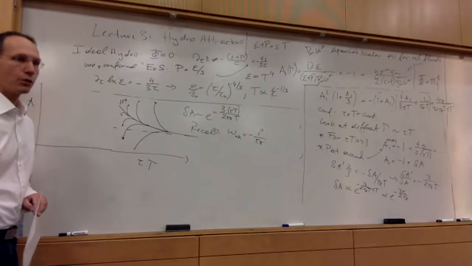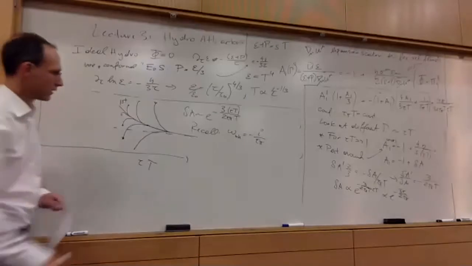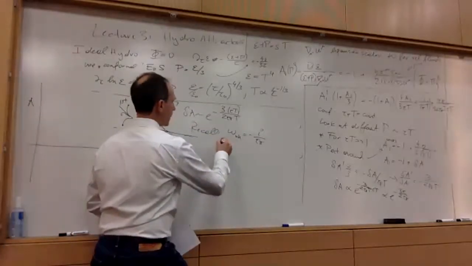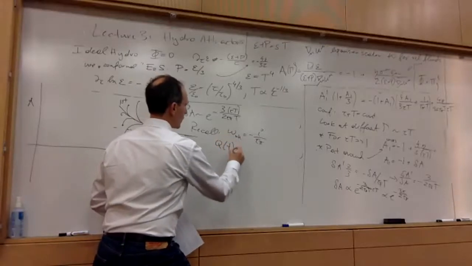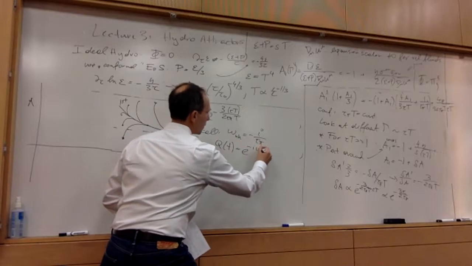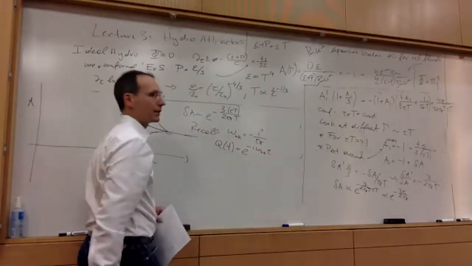Now, if we did a normal Fourier transform of something into real space, then usually we are used to thinking that a quantity, let's call it Q, as a function of time, is given by e to the minus i omega_nh t, and then maybe some time dependence.